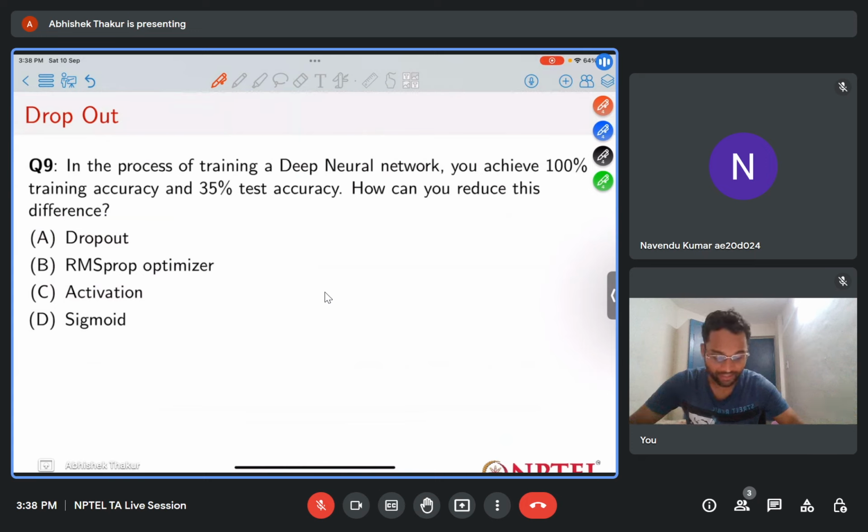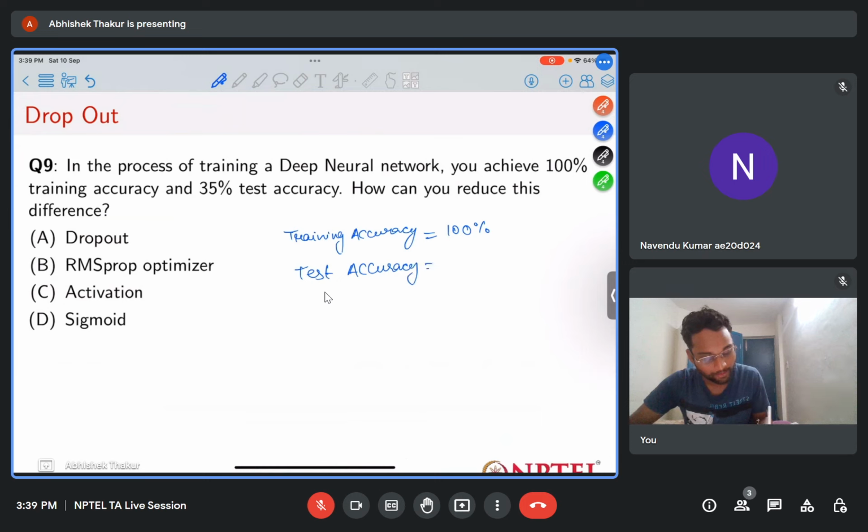In the process of training a deep neural network, you achieve 100% training accuracy and 35% test accuracy. How can you reduce this? So in this case, training accuracy is equal to 100% and test accuracy is equal to 35%.